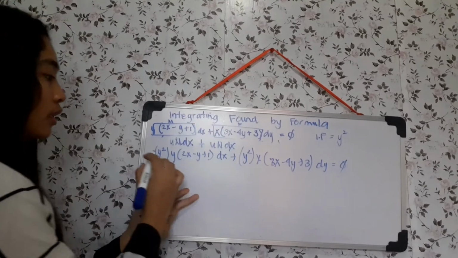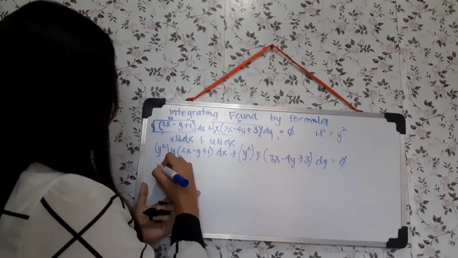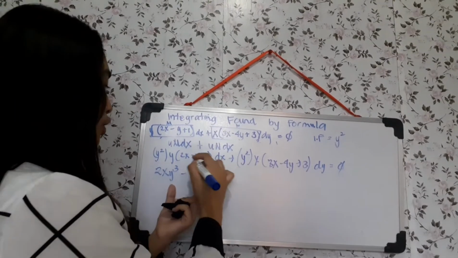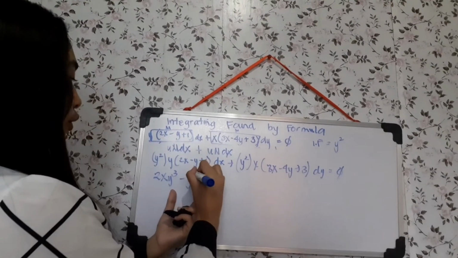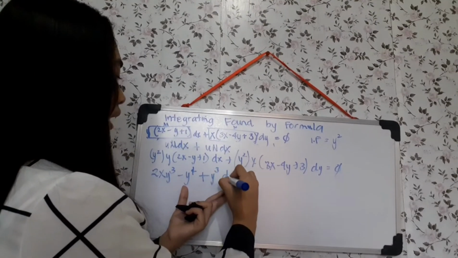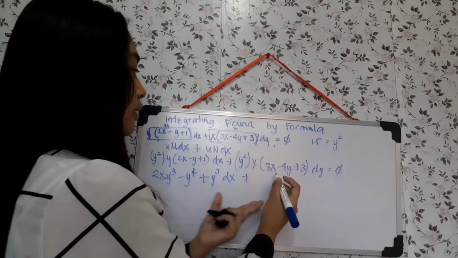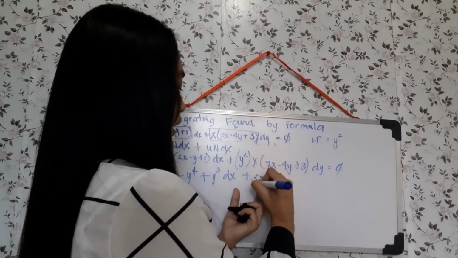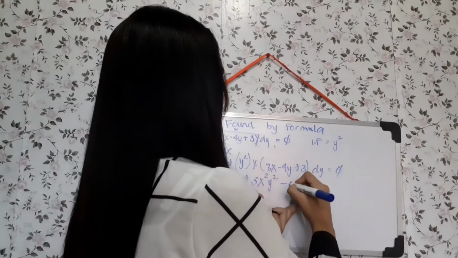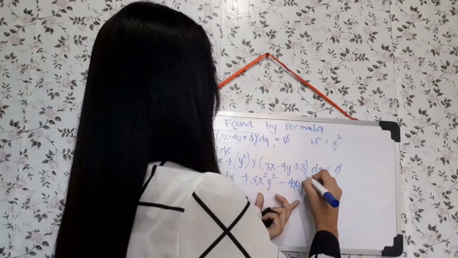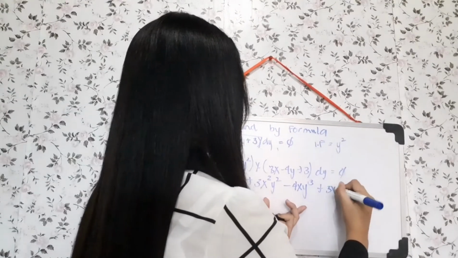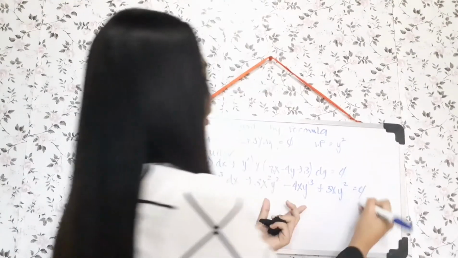Then distribute. So (2x y cubed minus y to the fourth plus y cubed) dx plus (3x squared y squared minus 4x y cubed plus 3xy squared) dy is equal to 0.